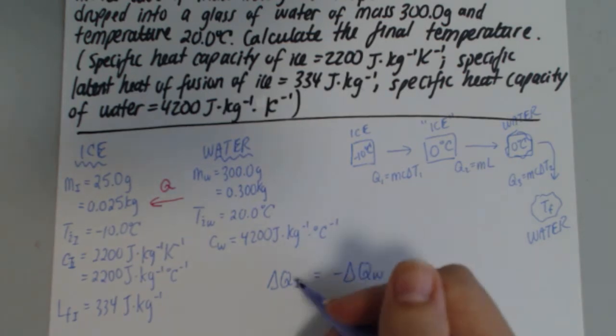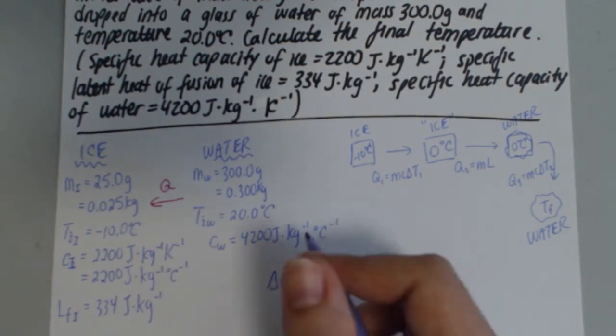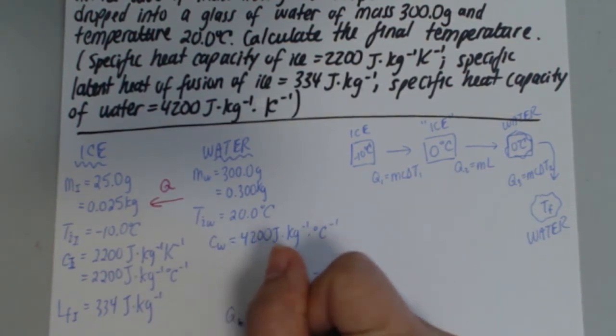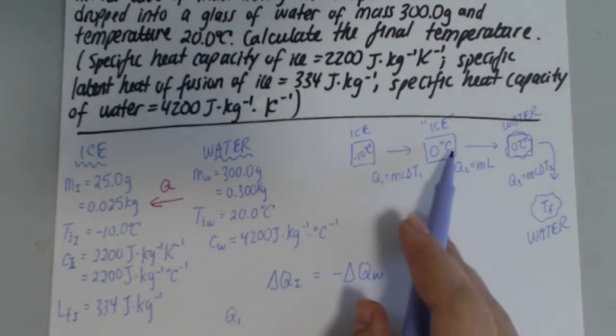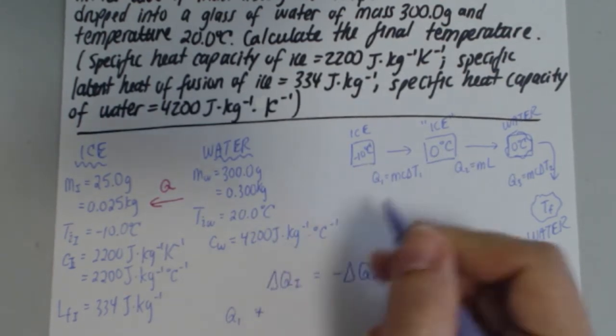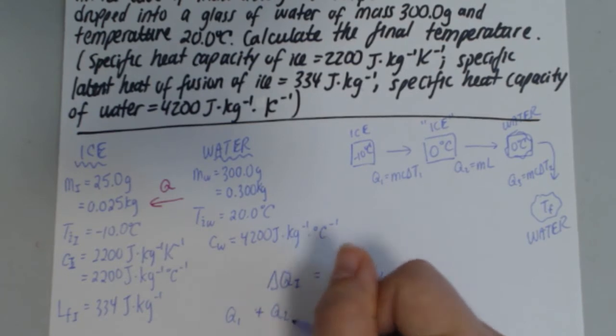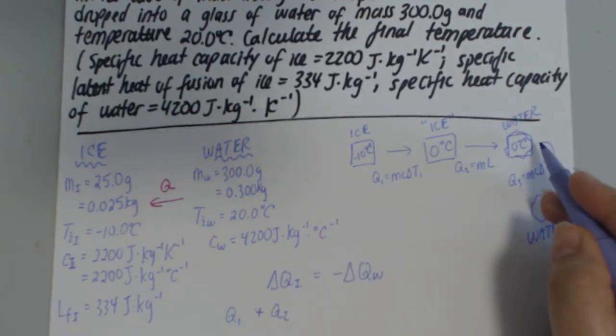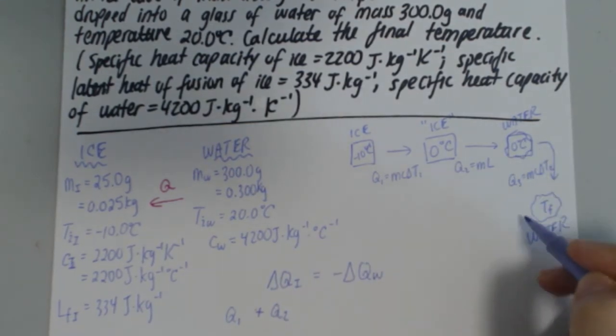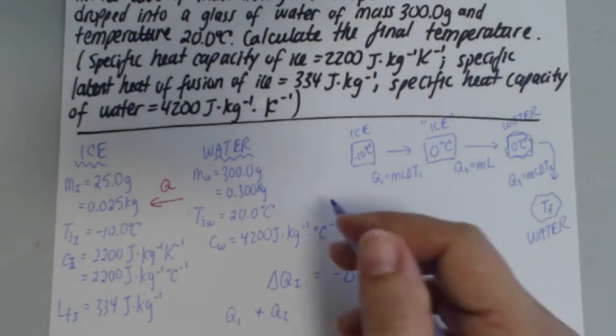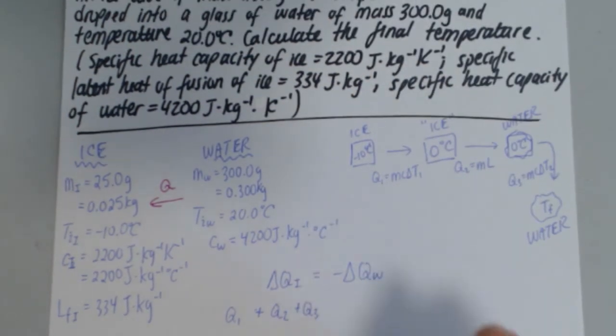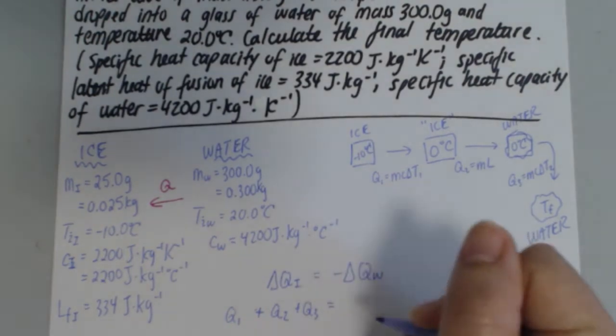So, like I said earlier, for the ice, it's gaining heat originally, so Q1 when the ice goes from -10 to 0, and then it's going to gain heat again as it undergoes its phase change, Q2, and then from 0 to whatever final temperature it's going to reach, which is what we need to find, it's going to gain energy again, so Q1 plus Q2 plus Q3.